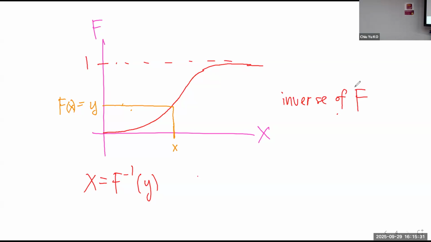To repeat before you go, F is: you give me the value of the random variable, and I give you the probability that the random variable is less than or equal to it. And you can reverse it: I give the probability, and I tell you the number such that the random variable is less than or equal to it.